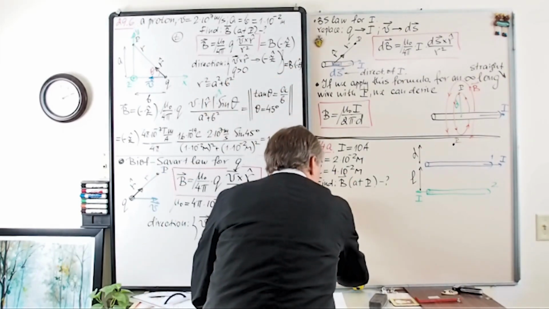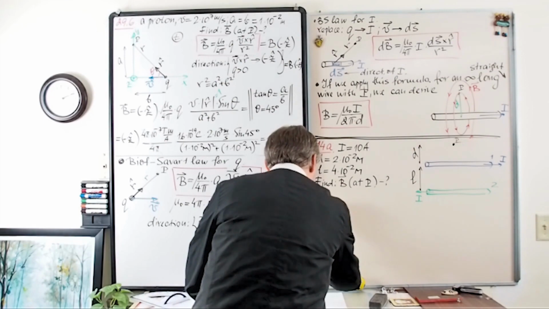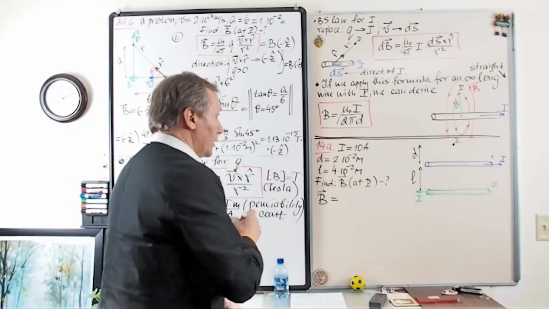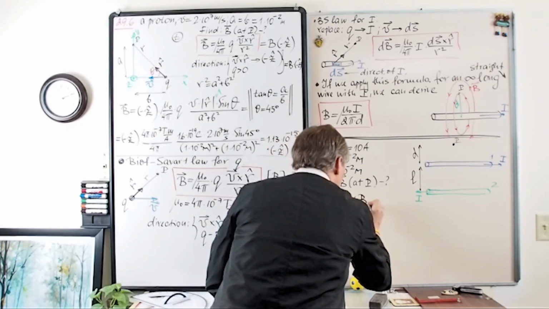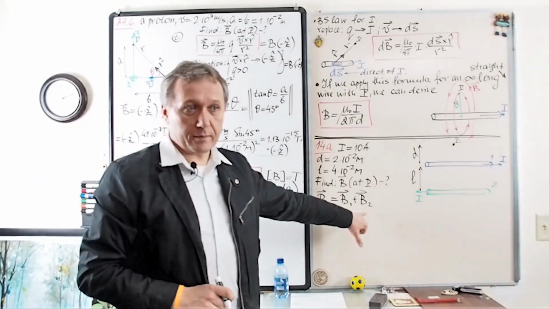So let me write. First in general, B, this is the net magnetic field at point P. Of course it will be B1 plus B2. So you see, I wrote them as vectors.